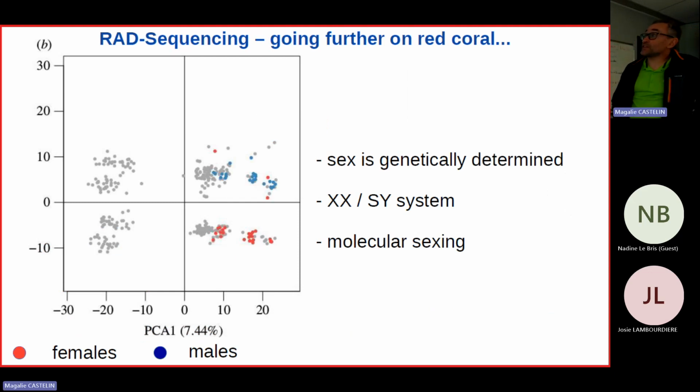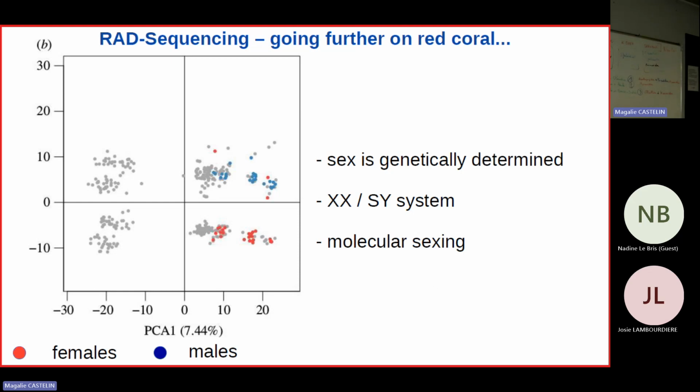Another thing we have seen is still a PCA on the same data set, but here is the first axis and here is the, I lost it, fifth axis, I guess. We did it on the whole data set of Marine, including populations from not only Marseille, but also Corsica and Banyuls in France.